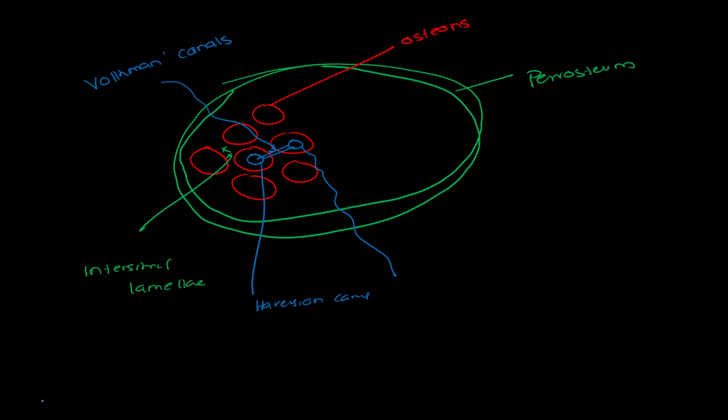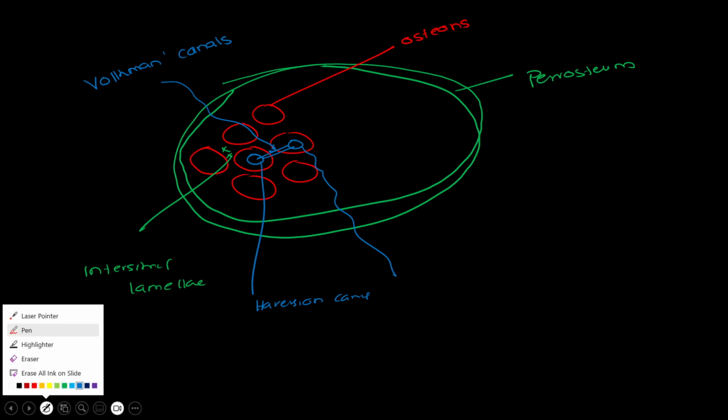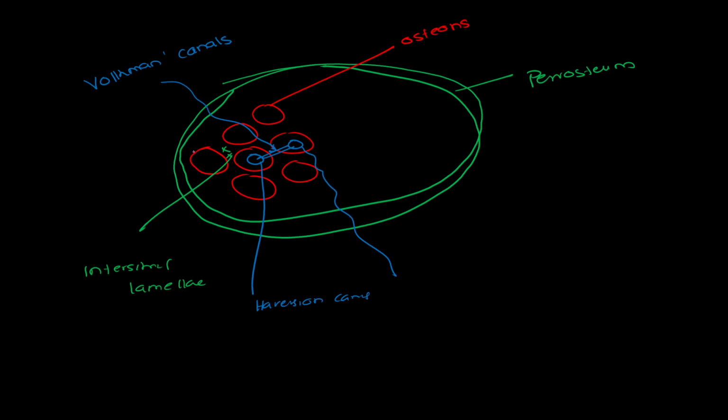Right. Now, if you look closely in your microscope, you would see that there are collagen fibers that are arranged close to the periosteum. Now, I'm just exaggerating this. These are found arranged in a concentric manner but outside of the Haversian system.